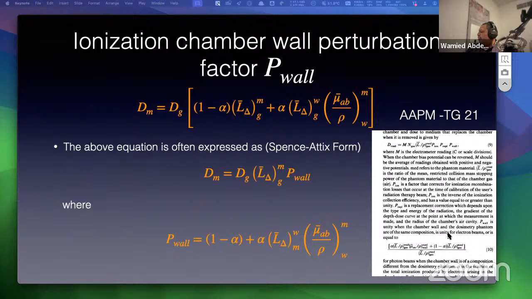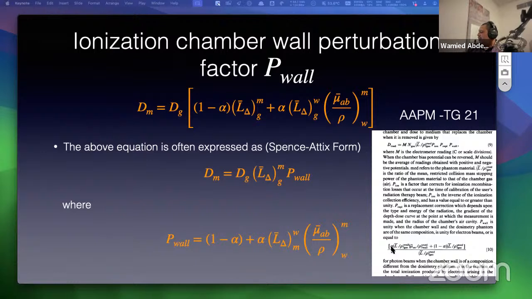And in the protocol, they actually give you how to calculate P1. All we need to know is the energy, and this alpha, as I showed you in the previous figures for alpha.